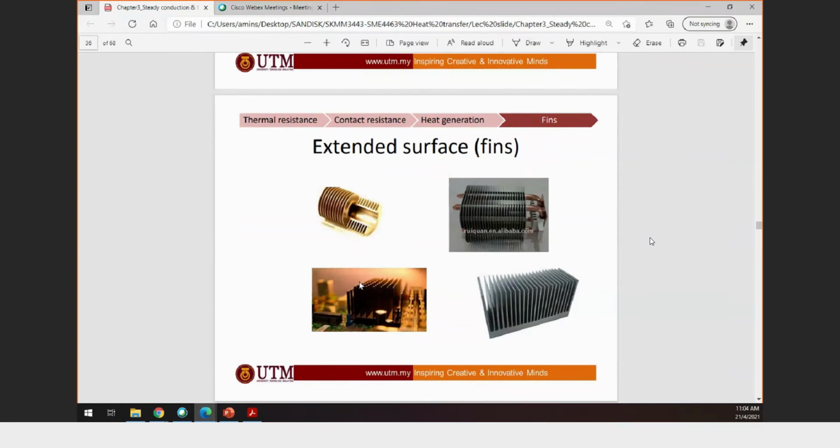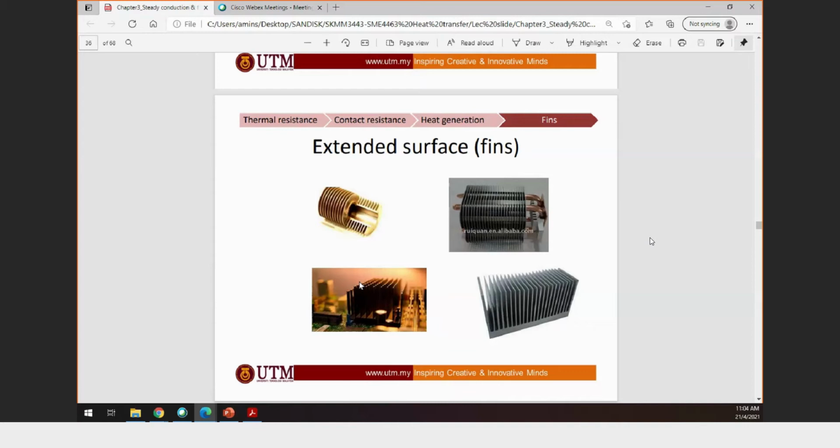So what is an extended surface or fin? Some of you might be familiar, some of you probably have not seen it before. But I think the majority of you know this kind of application in our daily life.